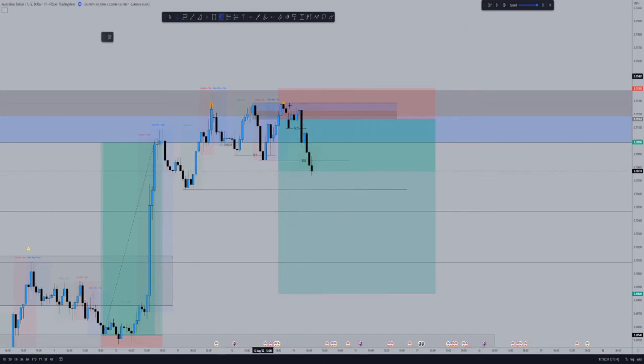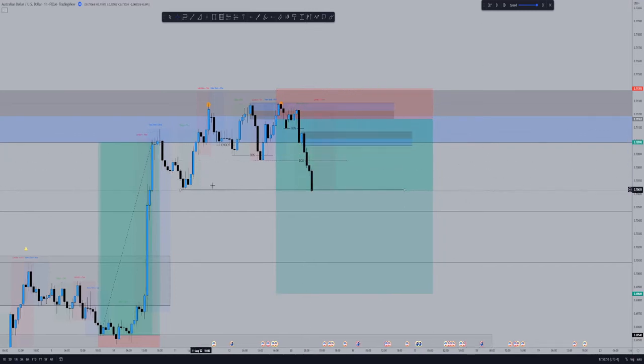So this is a break of structure, another favourable one. And again, if you really wanted to, and you were looking for compounded entries, you could mark this as another valid supply, because you've had your change of character and break of structure here, and then price has continued, formed an order block and then broke structure.